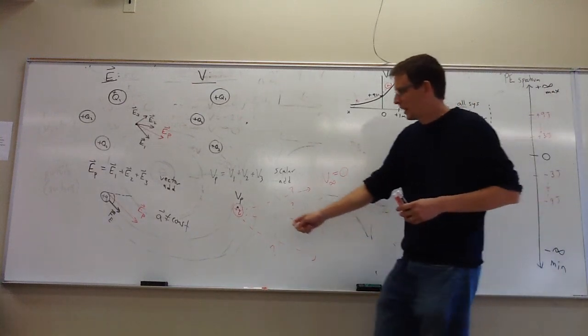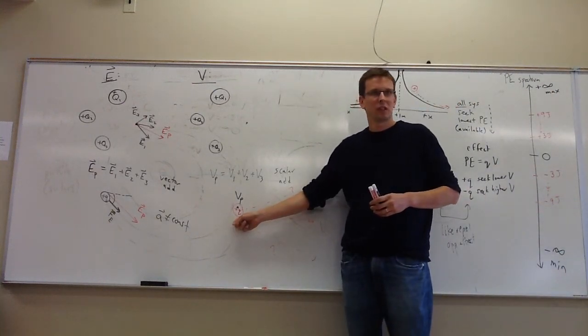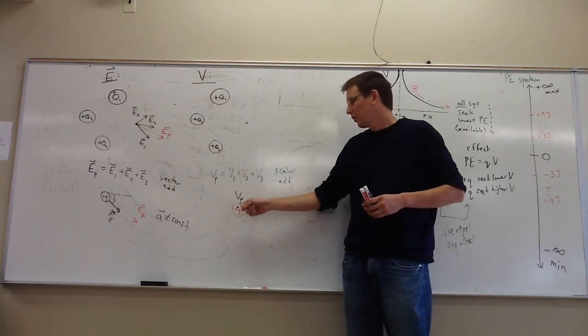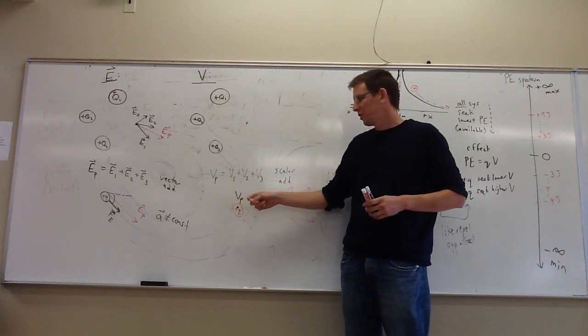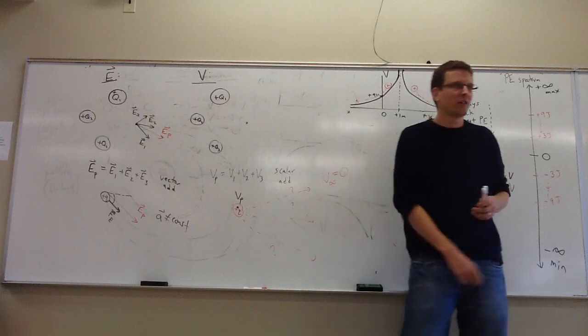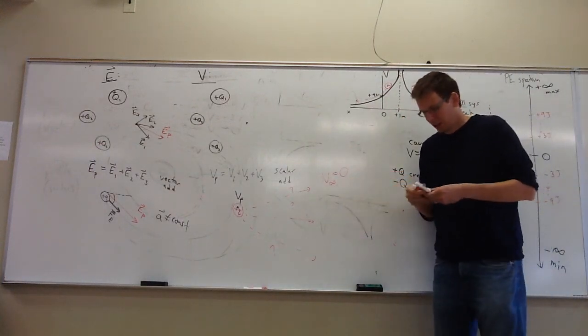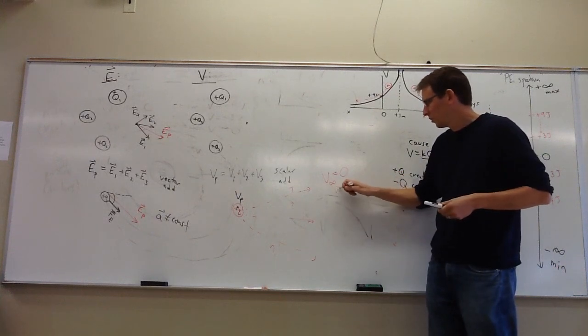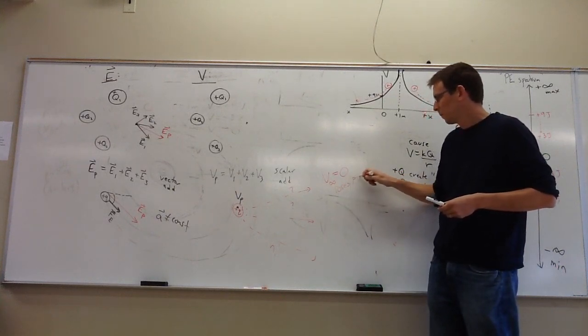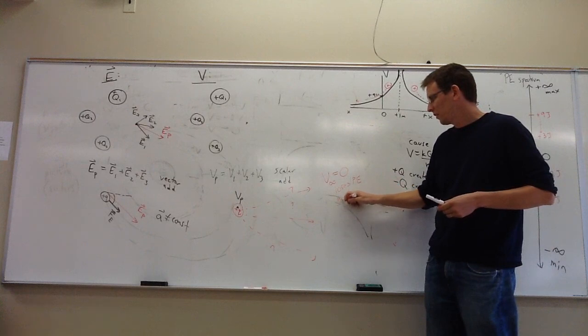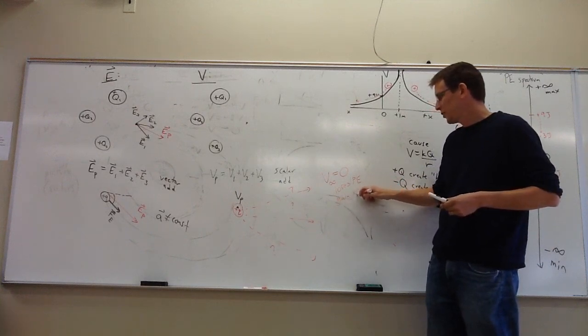So here, let's say we let it go at rest. So the kinetic energy would be 0. The initial potential energy would be just the charge times the voltage here, right? And then, by the time it gets over here, it loses potential energy, and it, of course, has gained as much kinetic energy as it can.